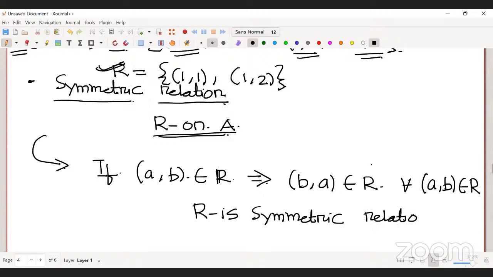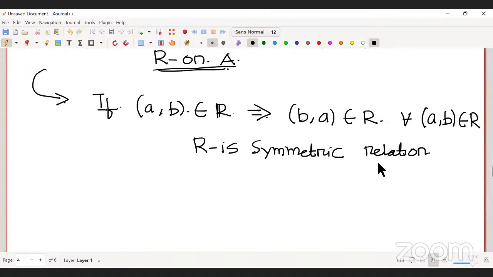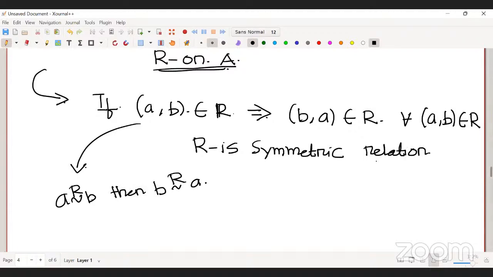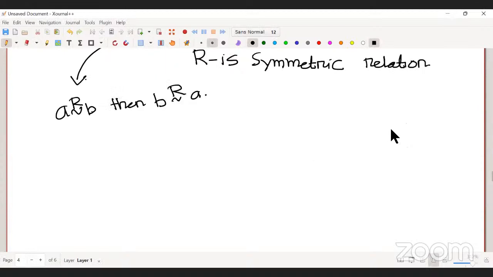Basically it is saying that if in this relation A is related to B, then B has to be also related to A. If this is true for all the elements of R, then you can say that R is a symmetric relation. Suppose I take the same set with elements 1 and 2.